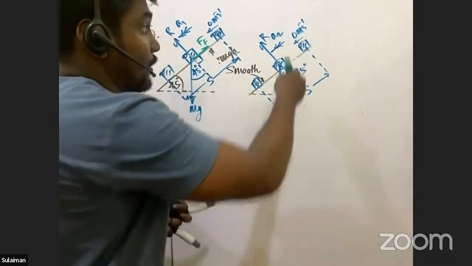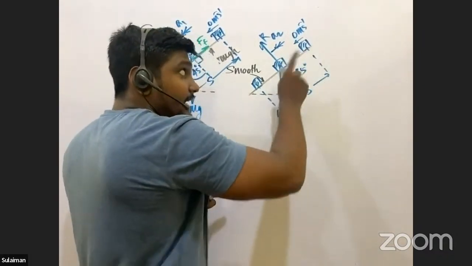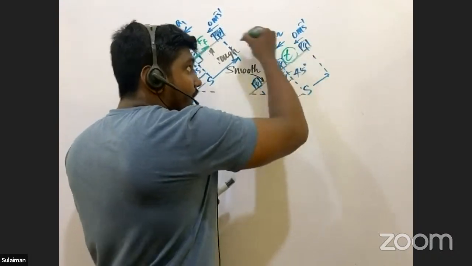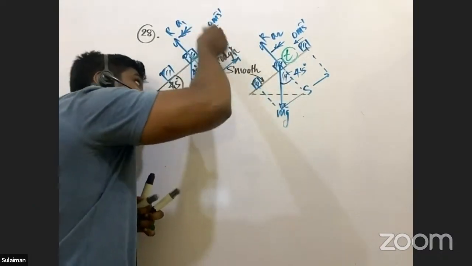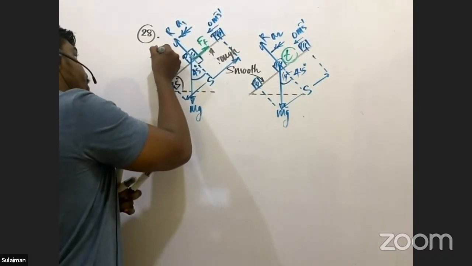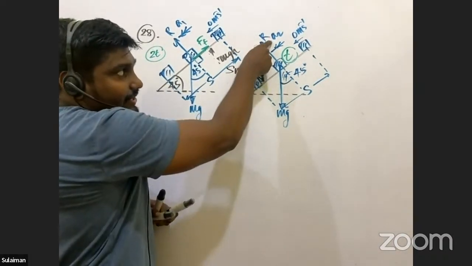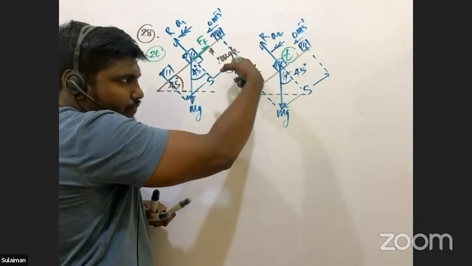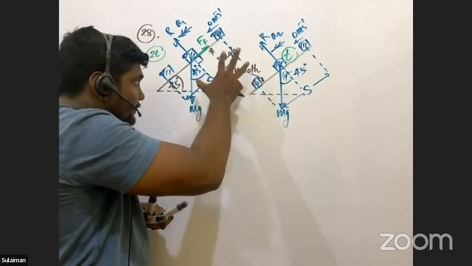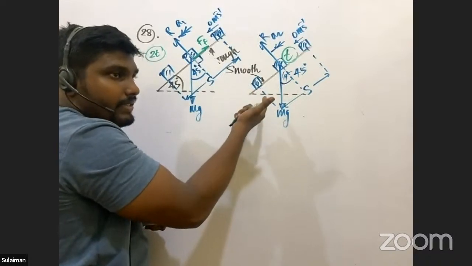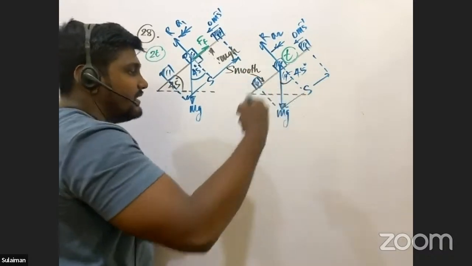If the time taken for this object to move on the smooth plane is t, then in order to obtain the same displacement on the rough plane, it takes twice the time, 2t. Then what you want to do, in order to find the acceleration, is apply F equals ma. Then you apply linear motion equations. After drawing a diagram like this, you apply F equals ma to find the accelerations, then apply linear motion equations, and then you can get the answer.